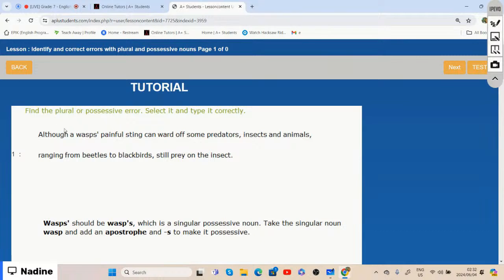It says, although a wasp's painful sting can ward off some predators, insects and animals ranging from the beetles to blackbirds still prey on the insects.